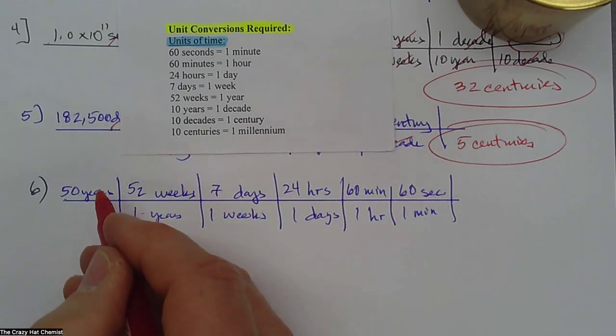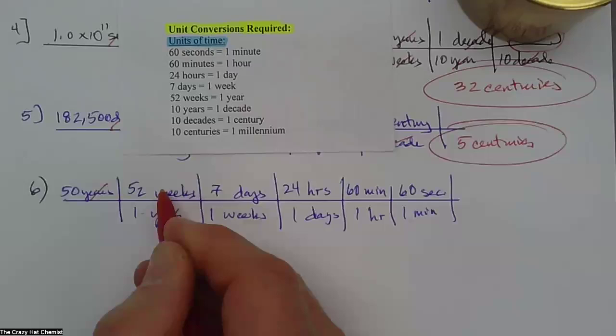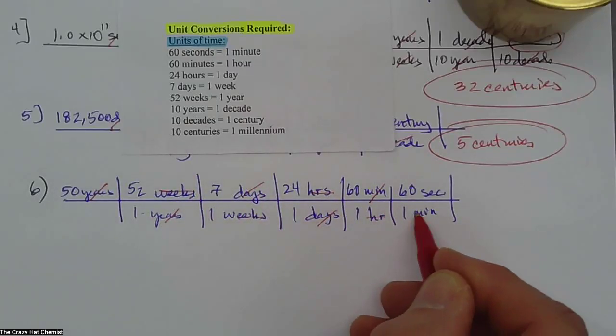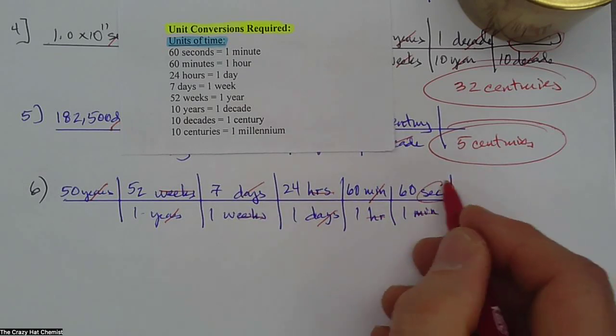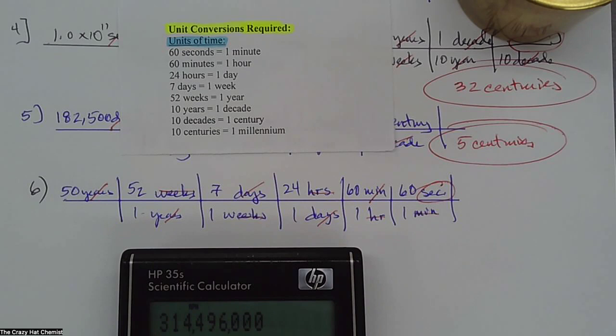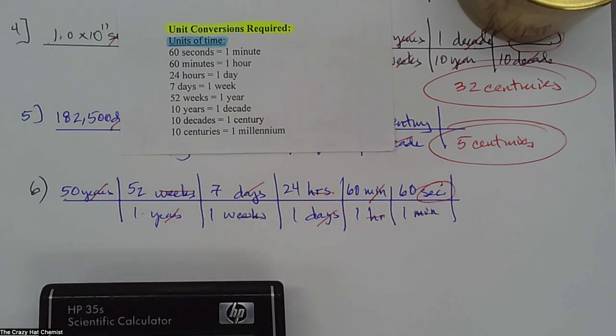Again, the whole reason that we're doing this: years cancel, weeks cancel, days cancel, hours cancel, minutes cancel, and I'm left with seconds. Those are the units that I want. So it's going to be 50 times 52 times 7 times 24 times 60 times 60. And I'm going to get a very large number here for number 6.